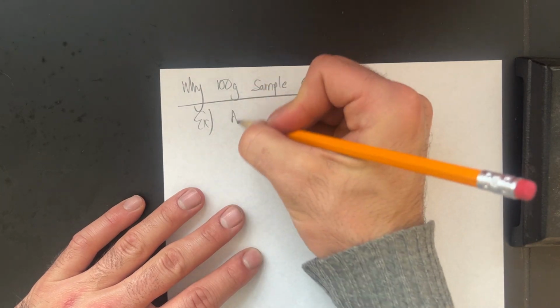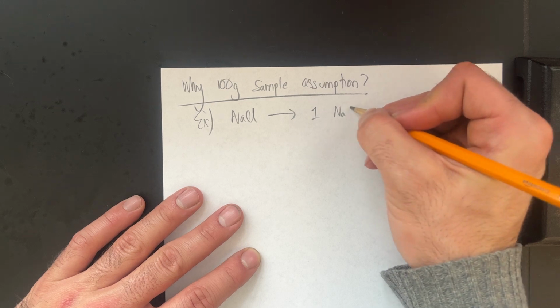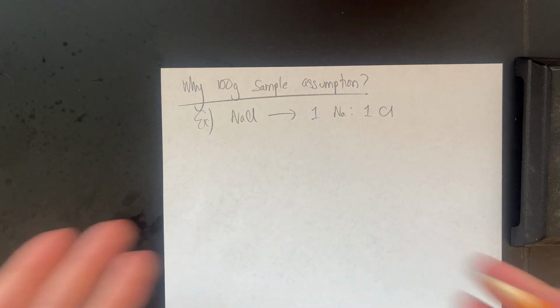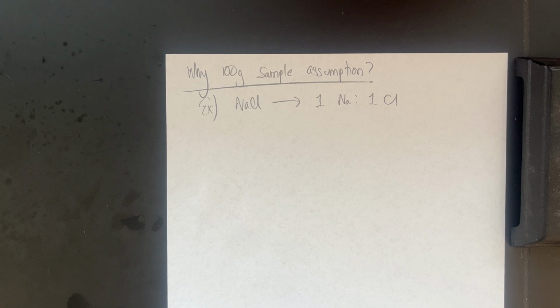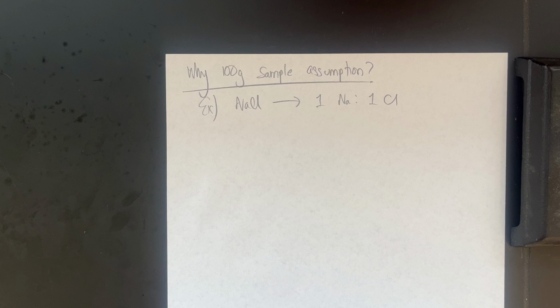NaCl, no matter what, is always 1 Na to 1 Cl. Does it matter if you have 5 grams of NaCl, or 10 grams, or 20 grams, or 50 grams? Will it change our ratio of Nas to Cls? No, right? The answer is no. It's not going to change your ratio of Nas to Cls. No matter how many grams of NaCl you have, you will always have the same ratio of Nas to Cls, right? And so it doesn't matter.